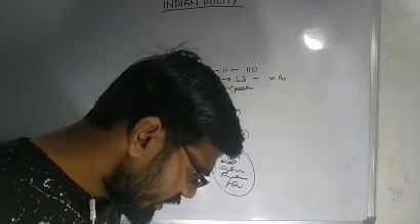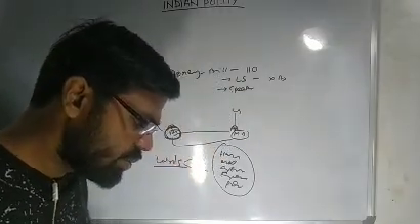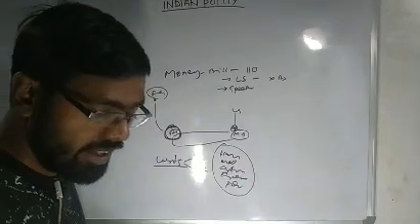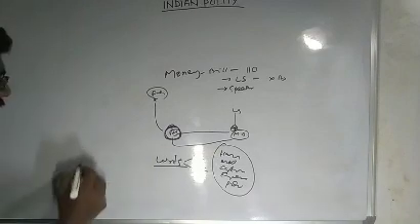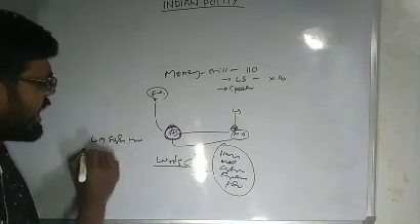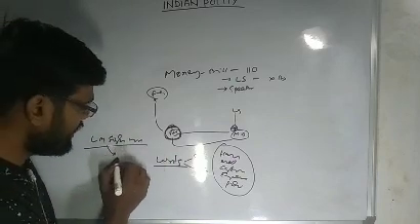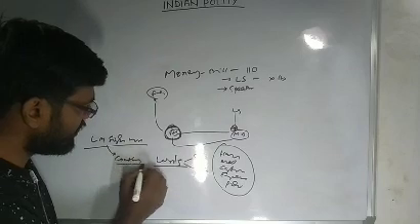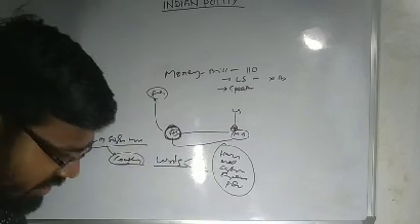Then coming to the next question: the first committee to demand constitutional recognition for the Panchayati Raj institutions in India is the L.M. Singhvi committee. The L.M. Singhvi committee first gave constitutional recognition to the Panchayati Raj institutions.